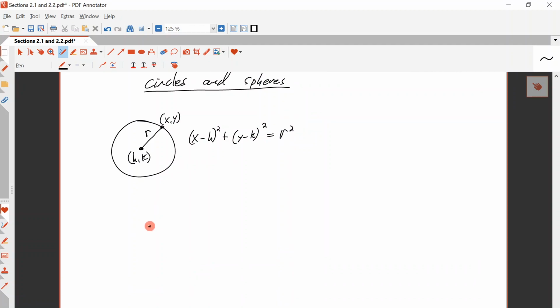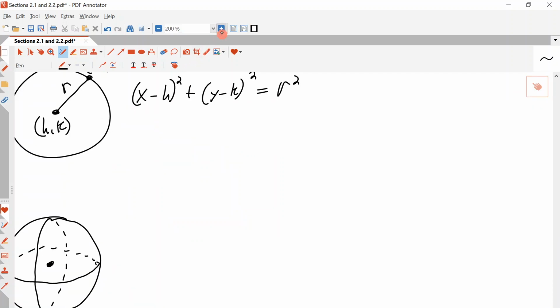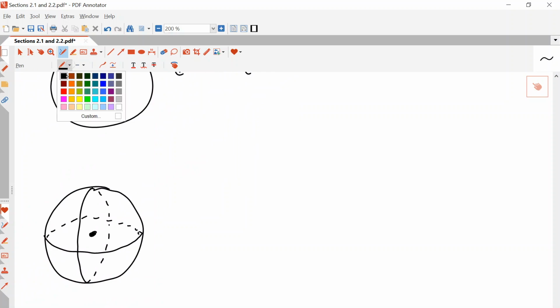In 3 dimensions, if you took a similar sort of thing, instead of a circle, we want a sphere. So you have some center point. What's that center point going to be? We'll say (h, k, l), and the radius, again, is little r.